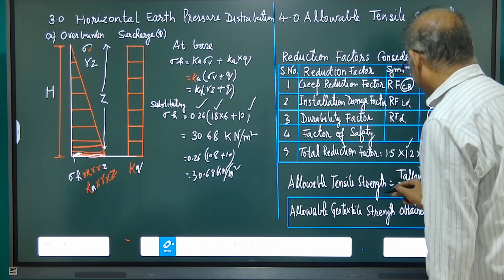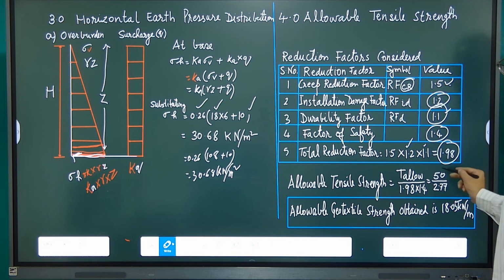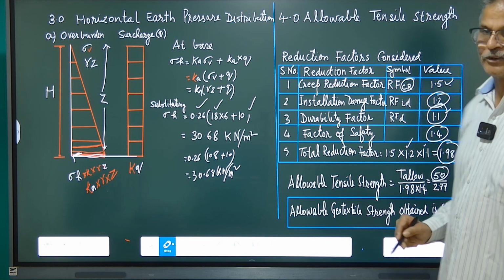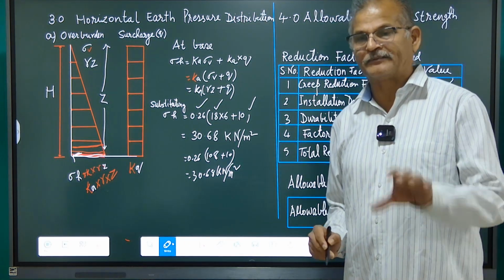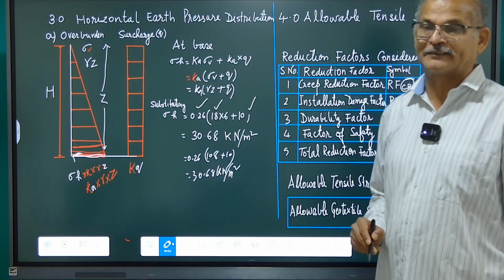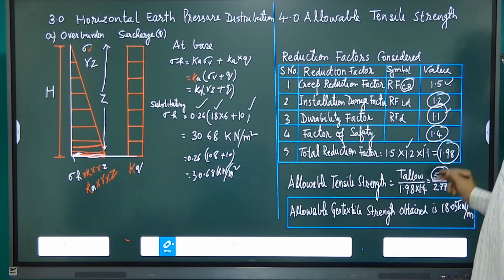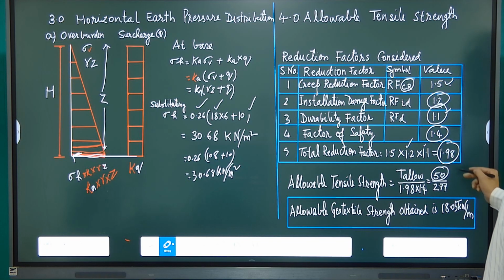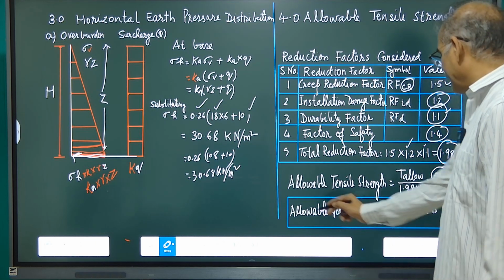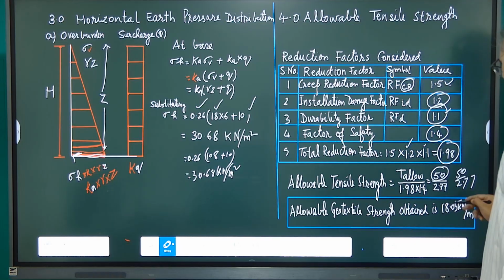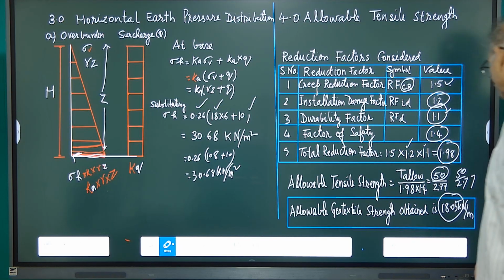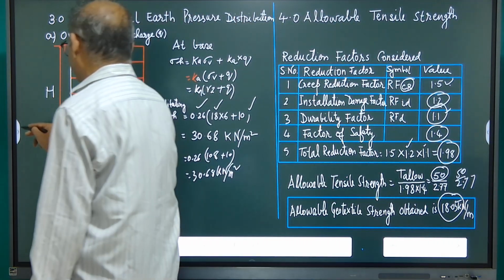So reliable tensile strength T_LO, the geotextile what we have in the problem is having 50 kilonewton per meter ultimate tensile strength. Now reduction factor 1.98 and the factor of safety 1.4. So 50 divided by 2.77, it will come as a reliable geotextile strength attained is 18.05. We can see the calculation also.